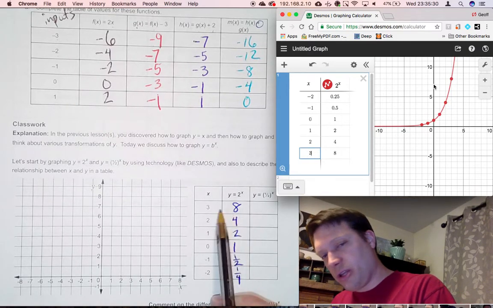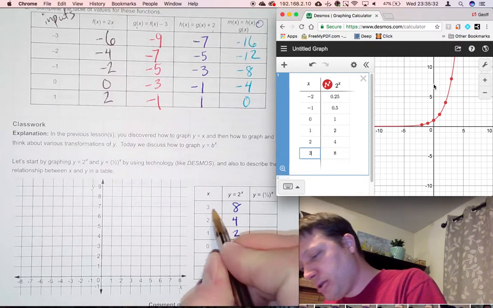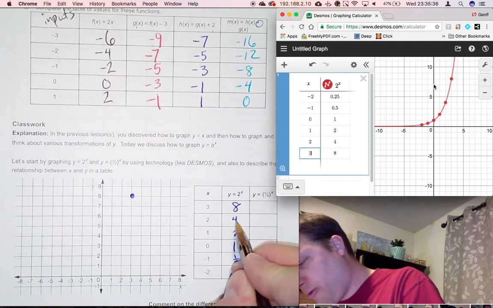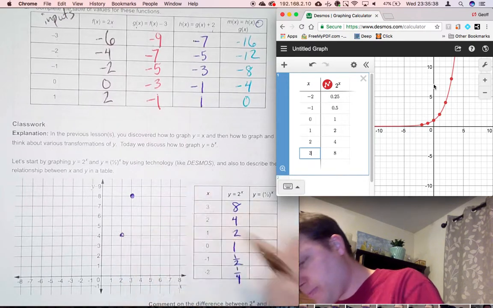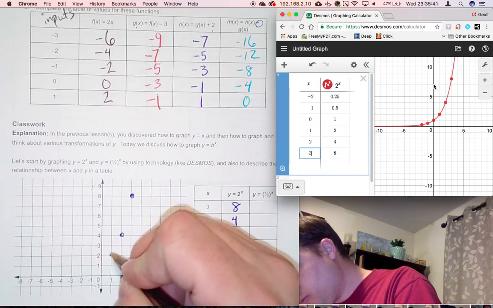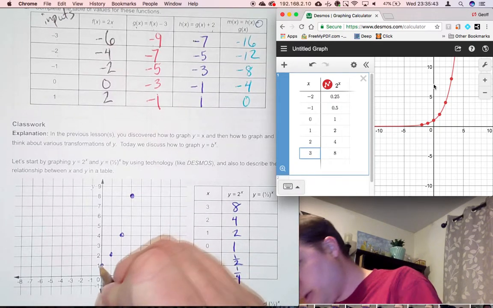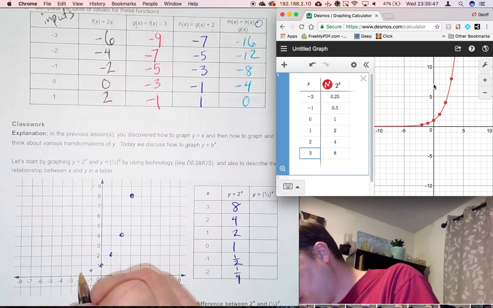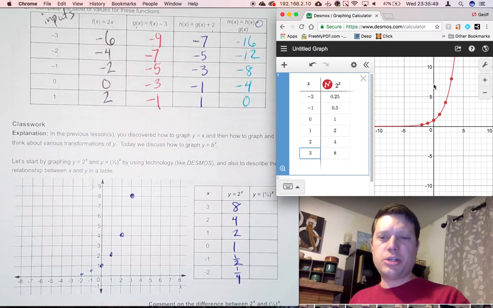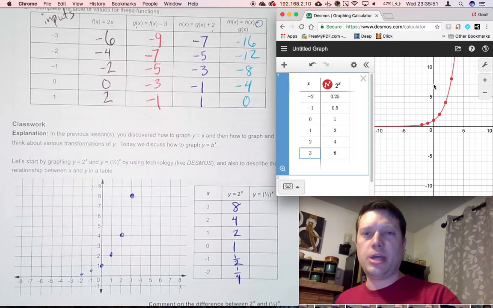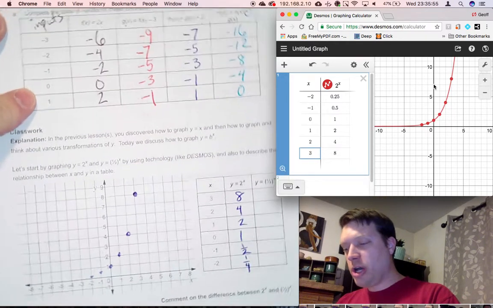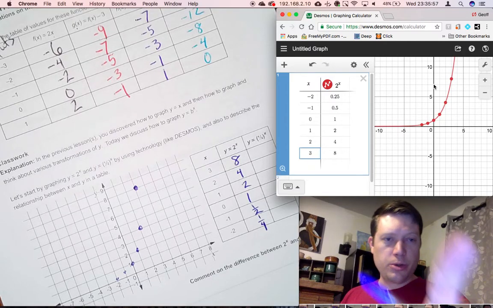So transferring these points to the graph space: 3, 8, 2, 4, 1, 2, 0, 1, negative 1 and a half, negative 2 and a fourth. Just make sure that it gets closer and closer to the x-axis without actually touching it. And then we should draw a smooth curve, because that's what we're seeing in Desmos.